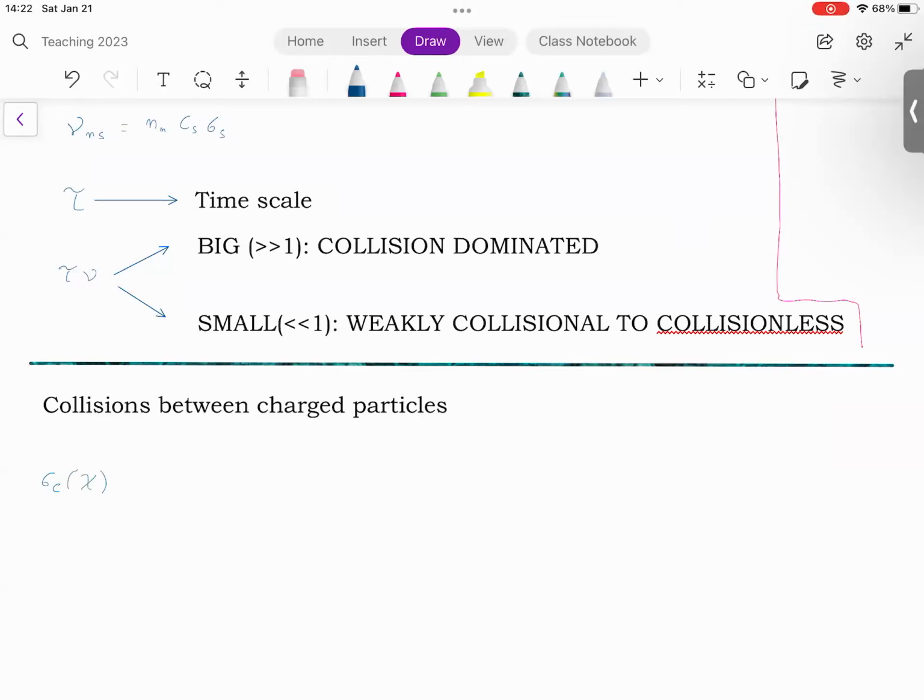And this is going to be a function of some angle. That angle, Greek letter chi, is the angle that defines the scattering of my particles. So it's the angle between the direction before and after the collision. So if chi is 180 degrees, that means my particle bounced straight back in a direction opposite to the direction it came from. If it's 90 degrees, it took a 90-degree turn, and so on.